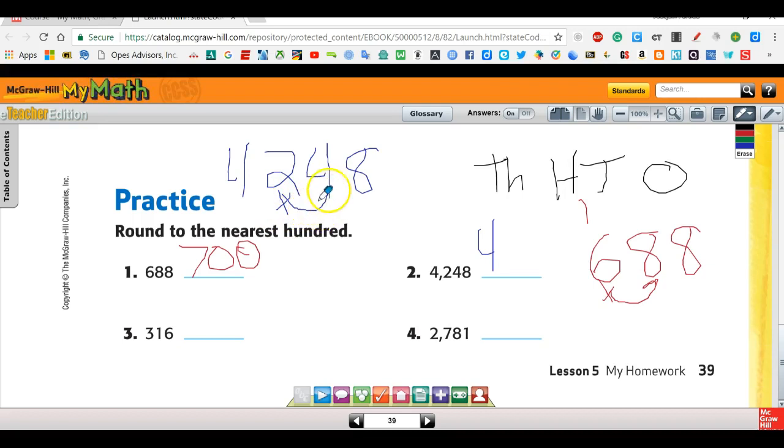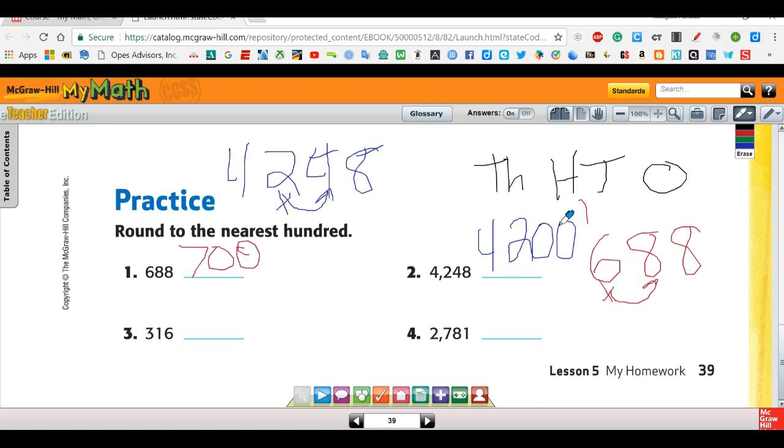Looking over to the right, what does the 4 say to do? So do I change the 2 to a 3 or leave it the same? I leave it the same. And replace these 2 numbers with? 0. So if I round 4,248 to the nearest hundreds, I get 4,200.